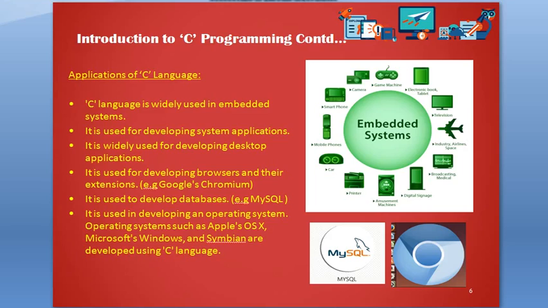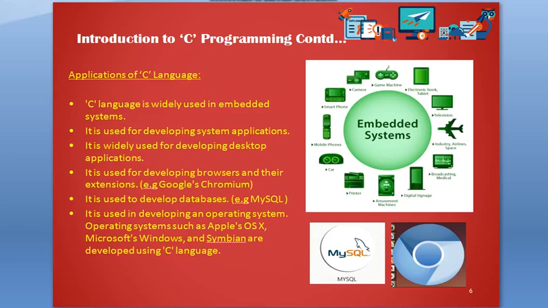So that is what an embedded system is. Second, it is used for developing system applications. Means, as I told you before, the applications which help a system to run are system applications. For example, as I told, Android, Windows, Linux, Unix, they are operating systems, or you can say system applications.